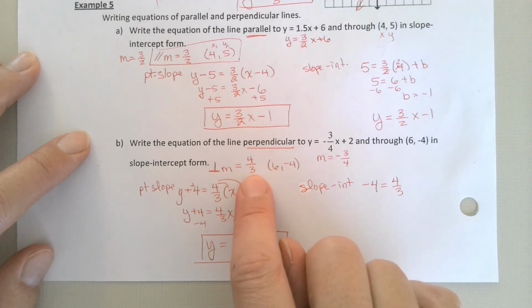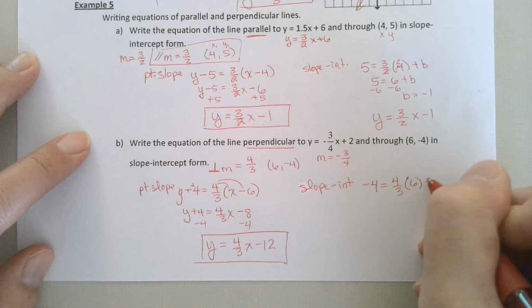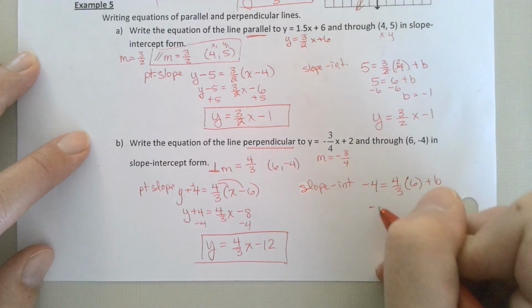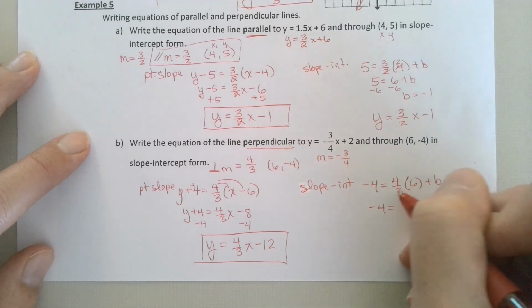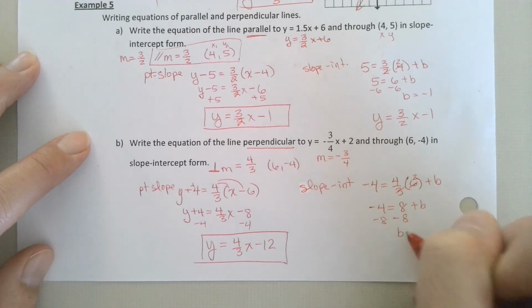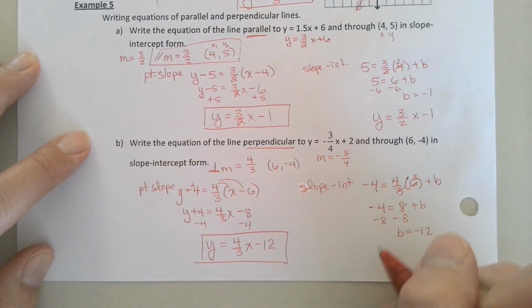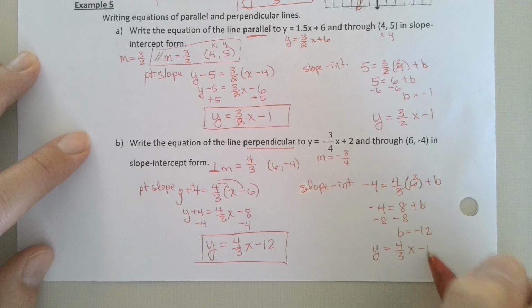So keep that 4/3 going, times x, which is 6, plus b, which we're looking for. So I get -4 equals, and again, this is going to cancel out and leave me an 8 plus b, and we subtract 8, we see that we get the same y-intercept we had here. And so the equation is y equals 4/3 x minus 12.